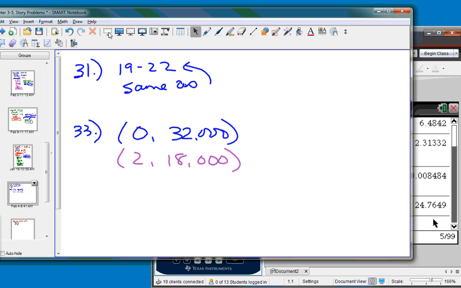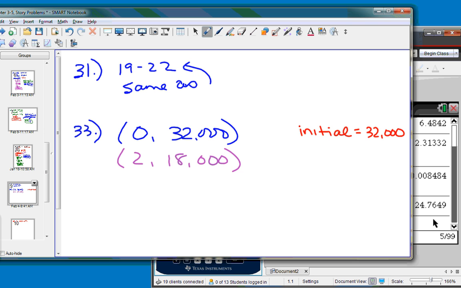Problem 33. A sport utility SUV that cost $32,000 new has a book value of $18,000 after 2 years. So again, what did they give you? They gave you points, right? What is my initial? My initial is 32,000.